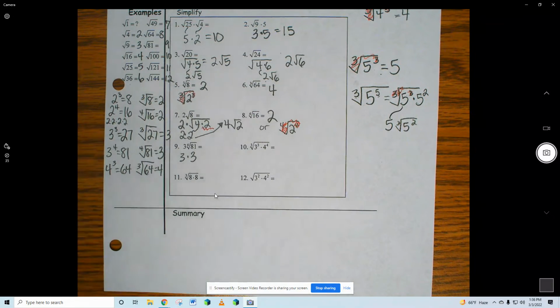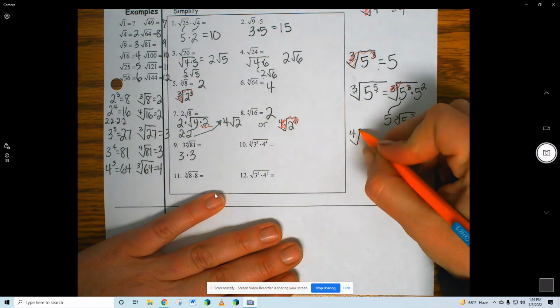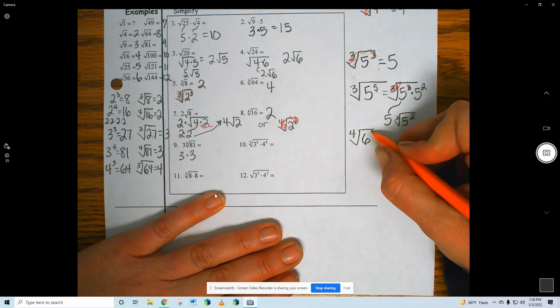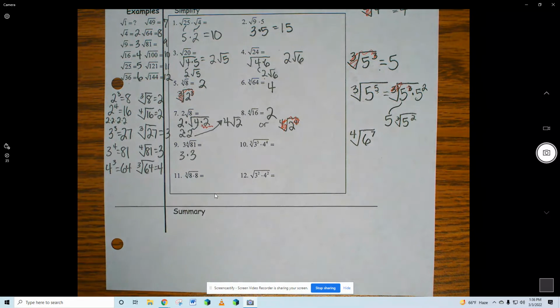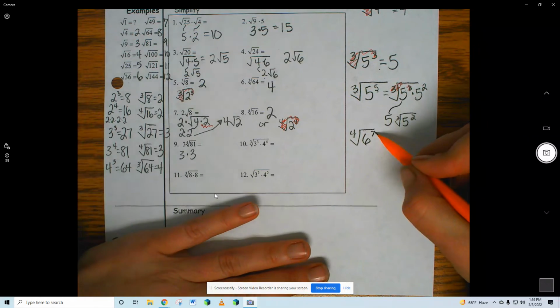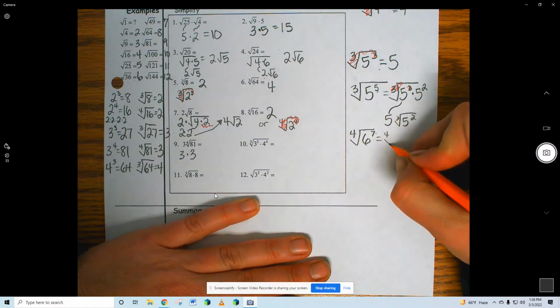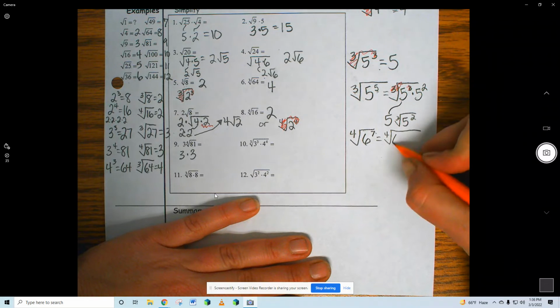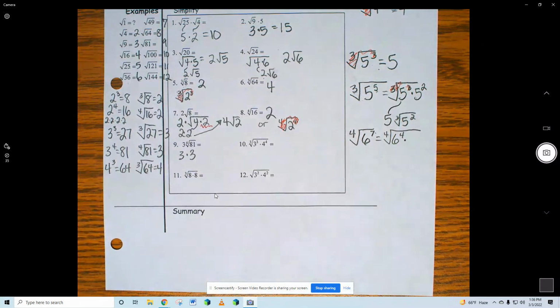Don't worry, I'm going to do 2 more. The 4th root of 6 to the 7th power. I need to break up this 6 to the 7th power so that there's a 4. So for sure, I'm going to do 6 to the 4th. And then how many are left for me to get to 7?